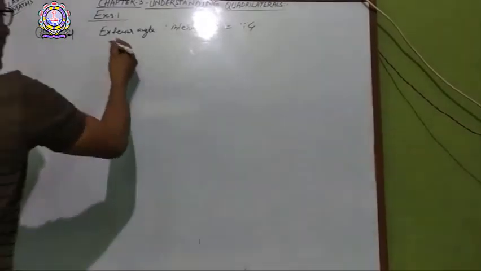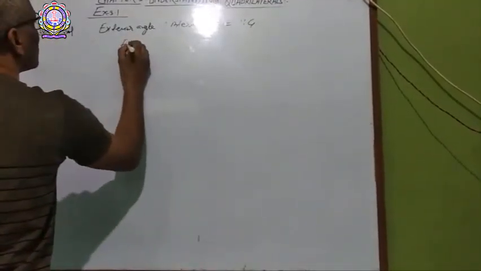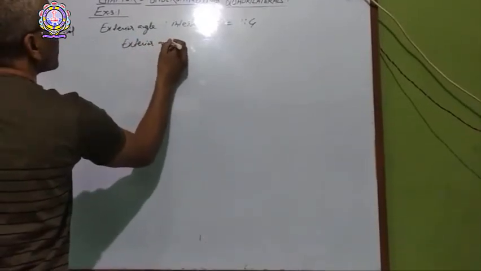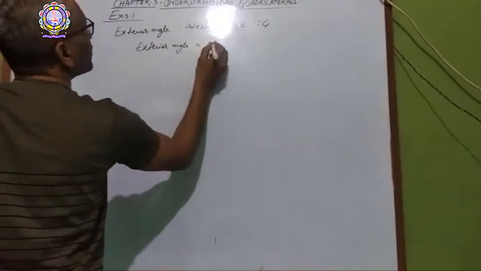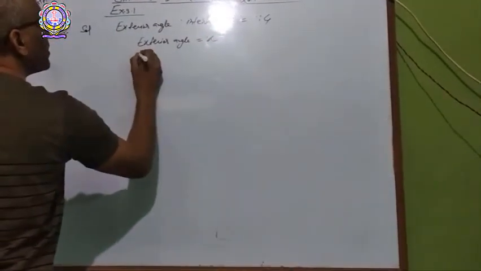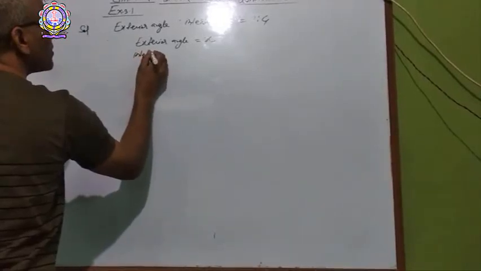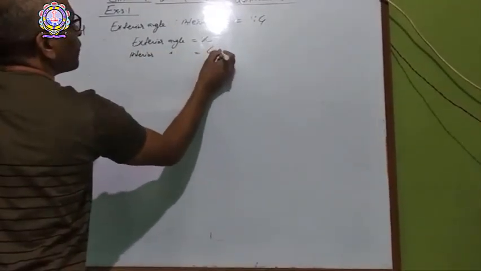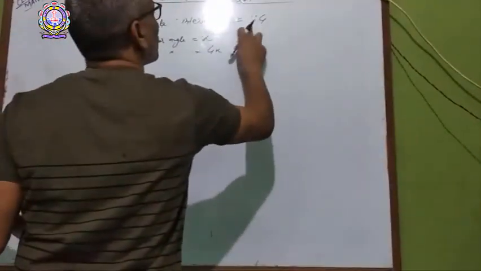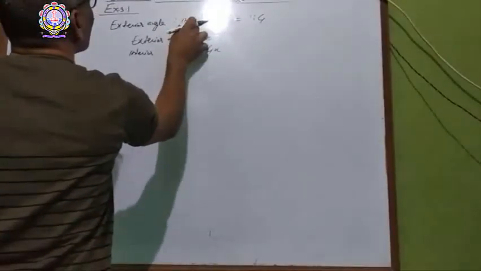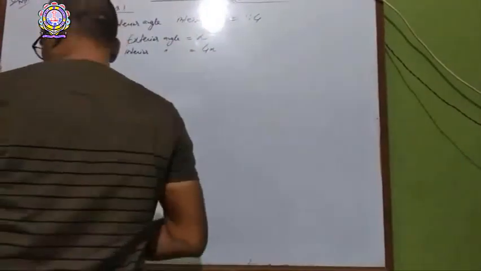Now exterior angle will be x and interior angle will be 4x. If we multiply a common factor x on both these numbers, exterior angle will be x and interior angle will be 4x.